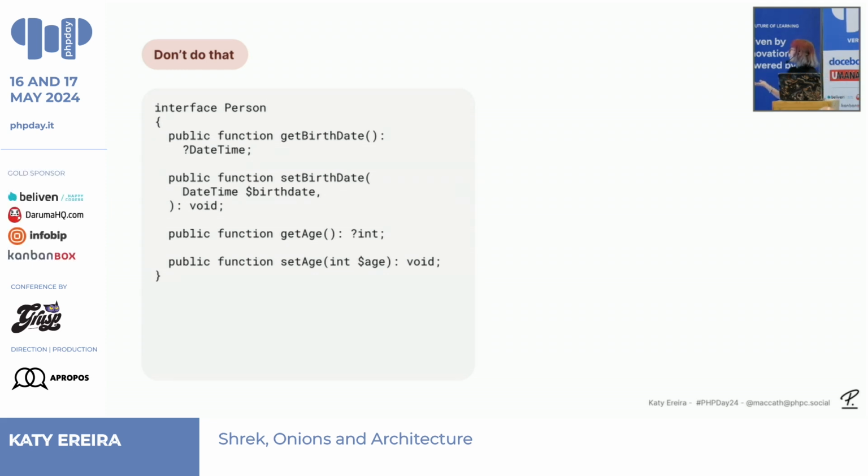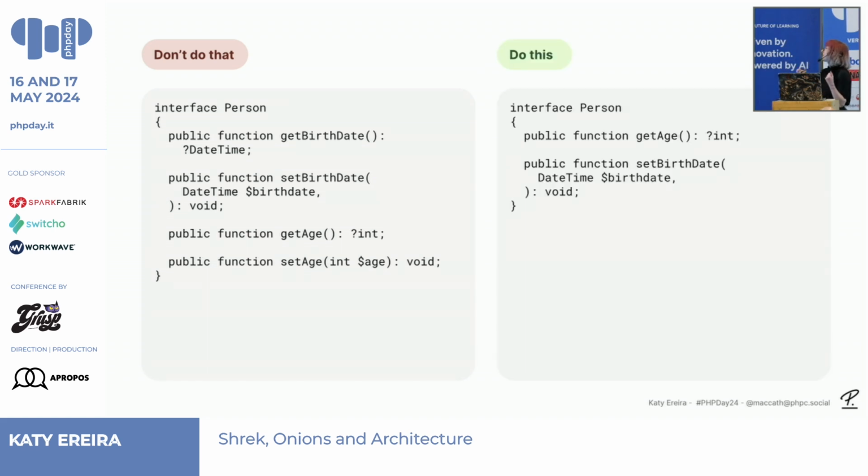And here, I wonder if anyone can spot the issue. I can set my birth date and set my age. So I might have typed in my real birth date, but then set my age to 21 because I don't want to be any older than that. And the entire object is in an invalid state, because my birth date is mismatched with my actual age. So again, it's about being aware of what about your objects is changeable, what is fixed, and what can be computed from the data available so that you don't need a setter.